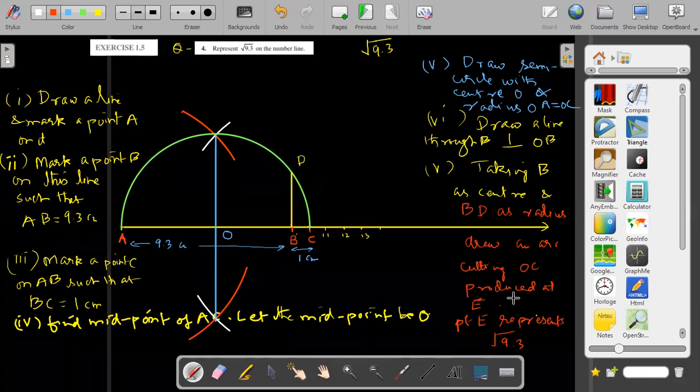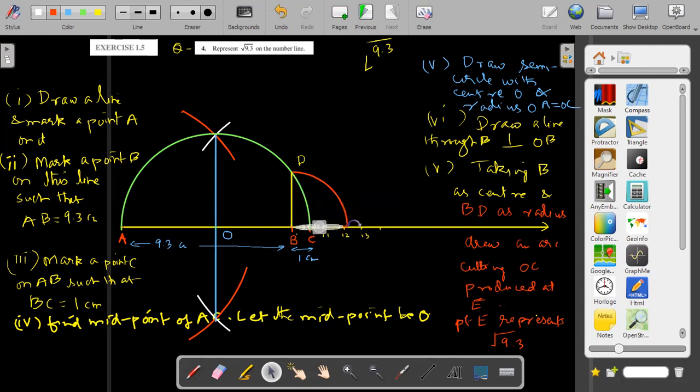Now see that the last point, we have to put the compass exactly at B and take the radius as BD, and then draw an arc.